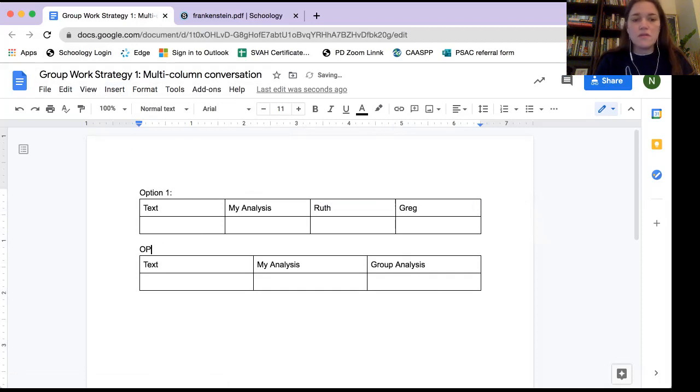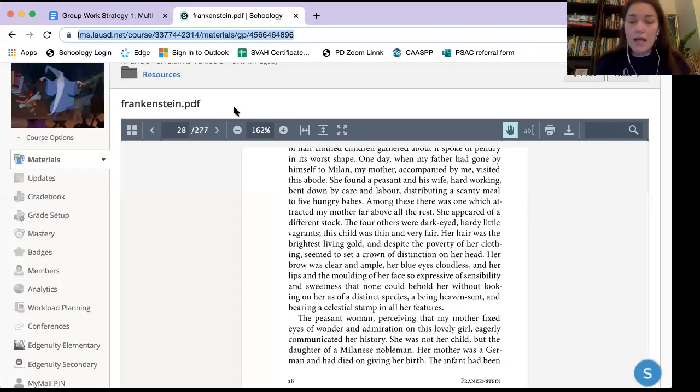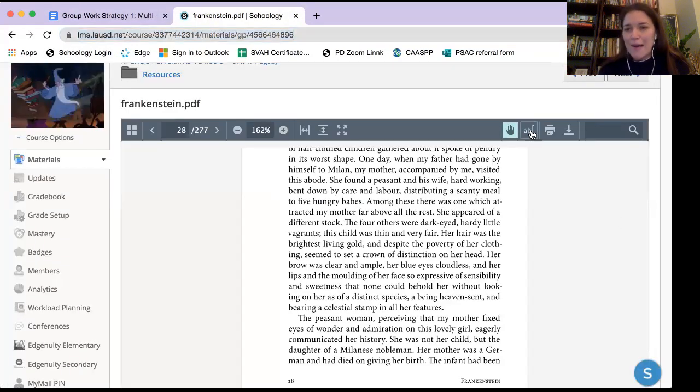And then what I would do is I would just go to my dialectical journal, or if I hadn't done it yet, I would go and find a quote. So today what I found is this quote. When we first find out about Elizabeth, they talk about how she looked different from the other children.